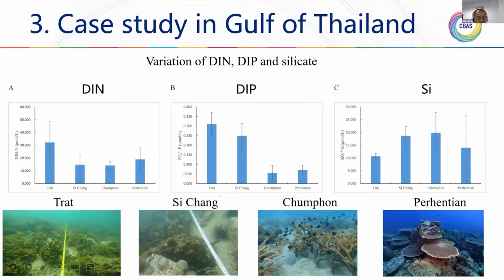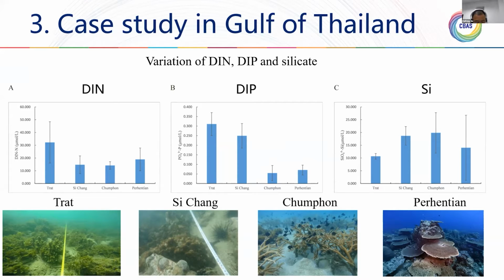So the lower figures show the general ecosystem in the 4 areas. In Trat Bay, we encountered macroalgae blooms, which were not observed elsewhere, consistent with the high DIN and DIP. In Chang, the water is turbid and the corals did not grow well.